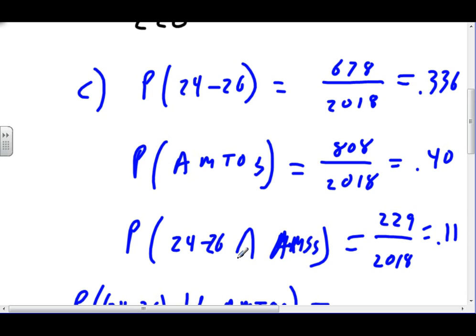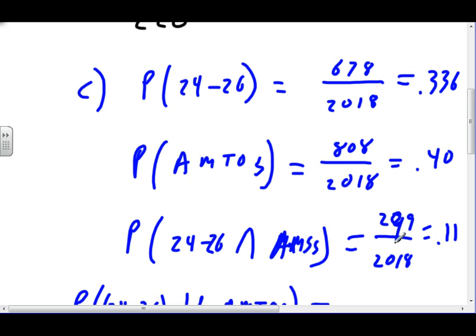So 229 out of the total is that age group did apply to more than one school out of the total. Don't you mean 299? Yeah, I think, oh, it's 299. Well, that is a horse of a different color.